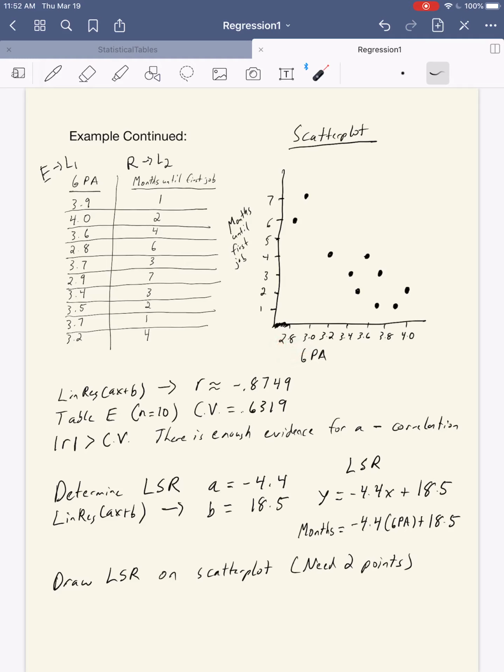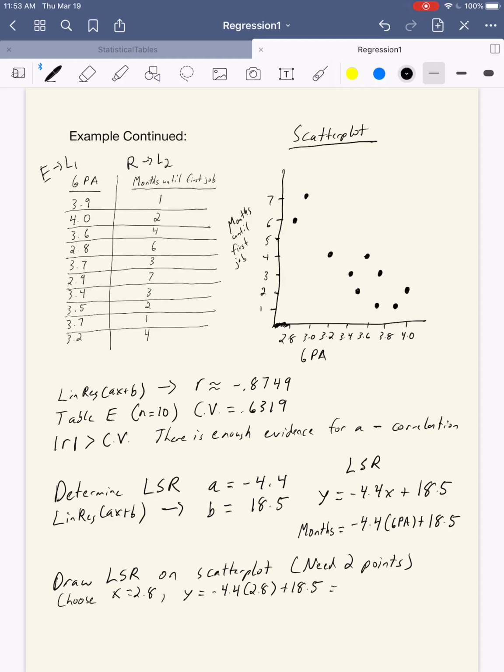So out of convenience, what I always do is I always use where I started my axis and where I ended my axis. So let's do that. So let's choose x equals 2.8. How do we get the y value? Well, we plug it into our model here. So if x is 2.8, then y will be negative 4.4 times 2.8 plus 18.5.